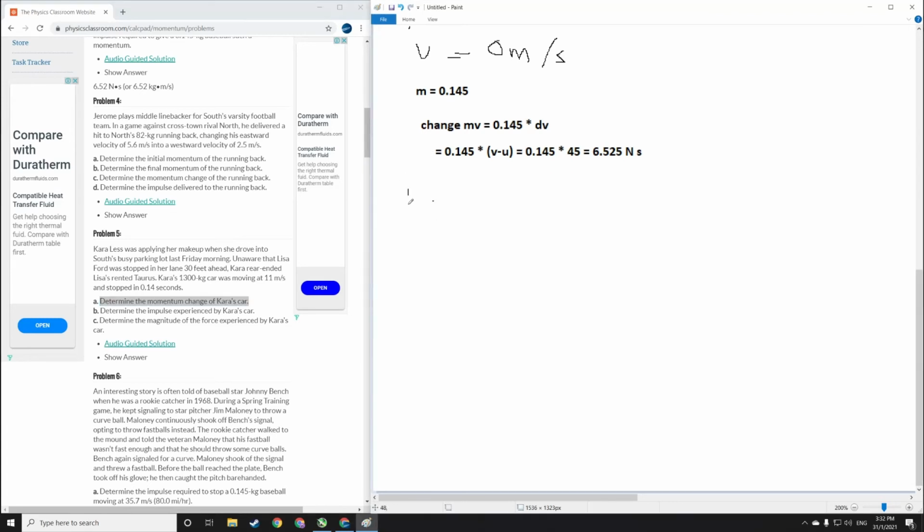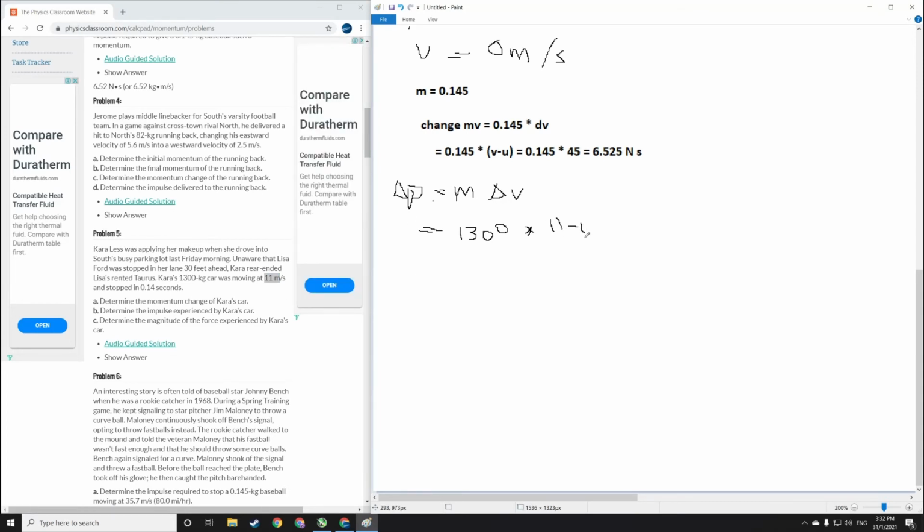So like the first question, the change in momentum P equals m delta v, and so that equals 1,300 times 11, because we went from 11 to 0, so it's 11 minus 0. And so we stick that in our calculator, and we get, should be 14,300, but let me just do that real quick.